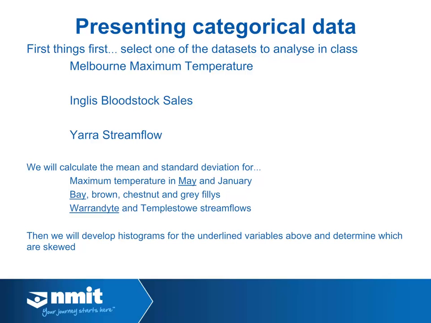It's important to look at that self-guided lesson if you aren't advanced at Excel, because each of these data sets has been chosen deliberately or collated deliberately such that they require filtering. They're not, for example, the Yarra Streamflow, which has Warrandyte and Templestowe streamflow data. There's not just a nice set of columns with the Warrandyte data and a nice set with the Templestowe data.